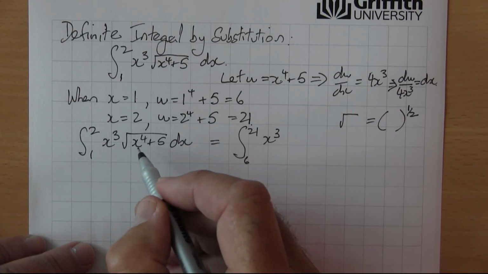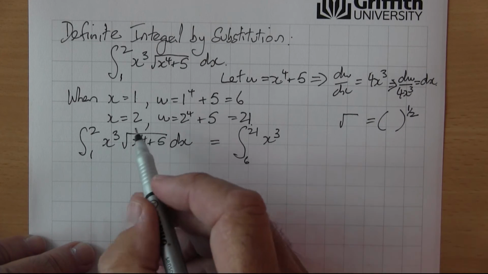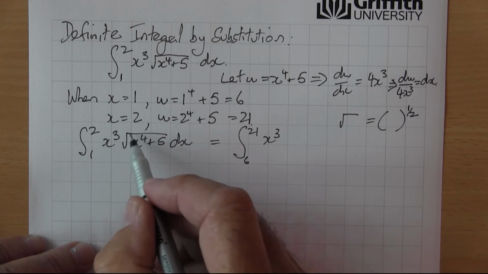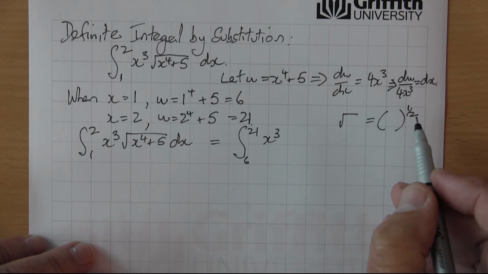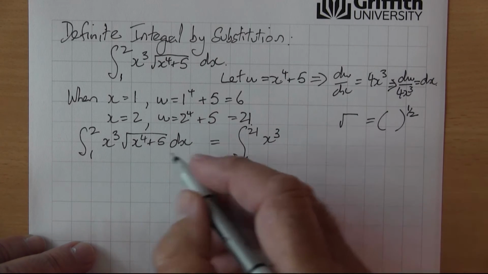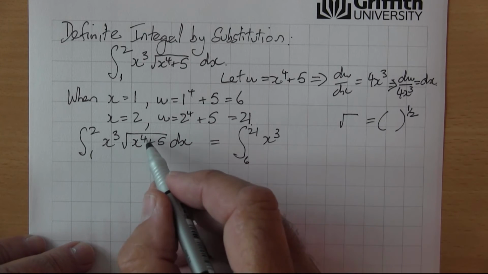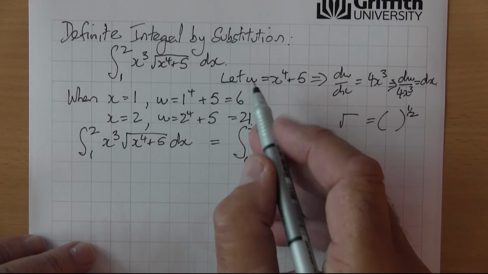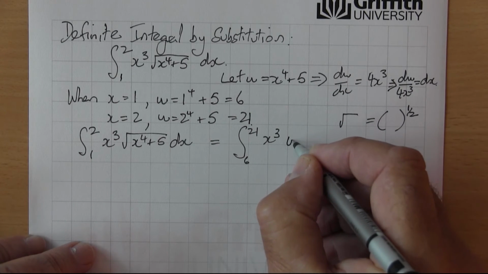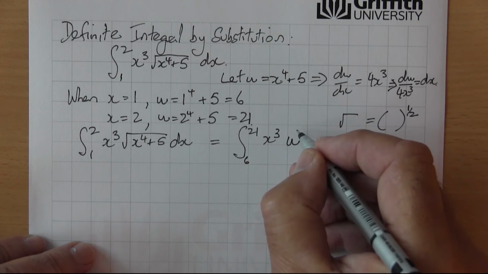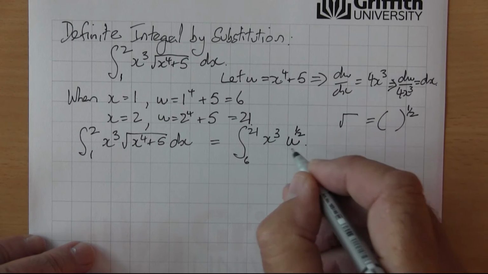So when I do calculus, when I've got a radical sign or a square root sign, I like to make it into index powers. So this will be, x to the 4 plus 5 is equal to u, so that'll be u to the power of a half.